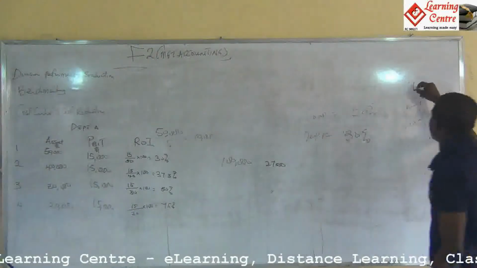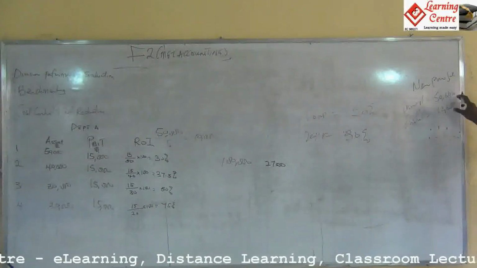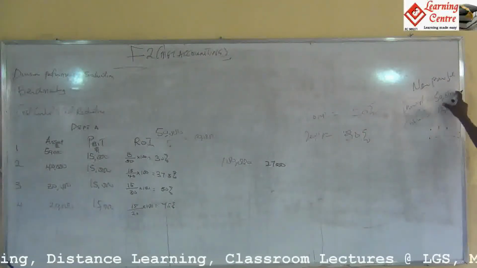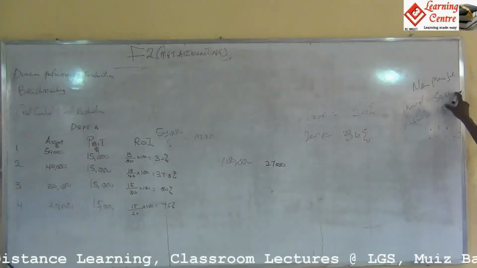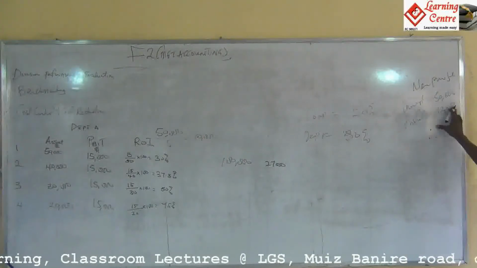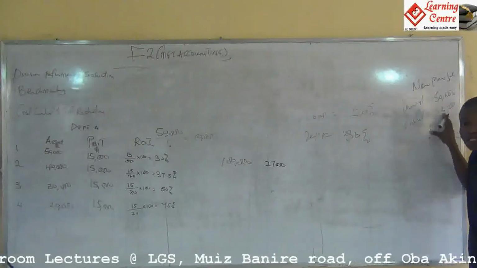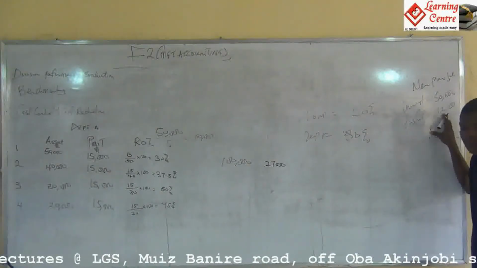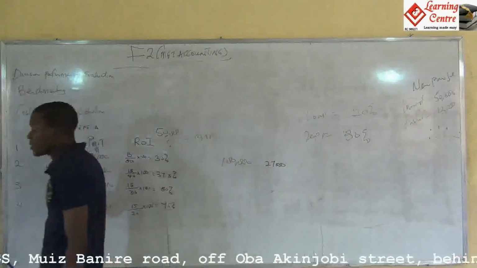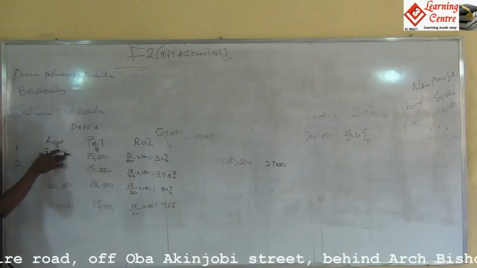The new project requires capital or investment of 50,000, but we're able to generate a profit of 12,000. If department A is the one that will handle this new project, the investment of capital of department A will move from 50,000 to 100,000.